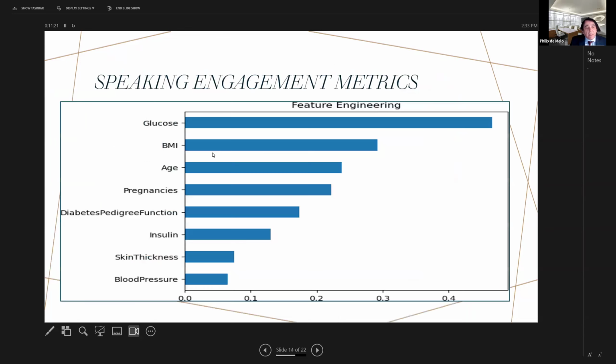And then you can plot it in this case. For example, as you saw from the heat map, you can see that glucose plays an important role, as do BMI, age, pregnancies, and diabetes, while insulin, skin thickness, and blood pressure don't play much role. And it is up to us to eliminate, let's say, those features below 0.2, and you can have only a few features. But in this case, I do not recommend eliminating these features. Why?